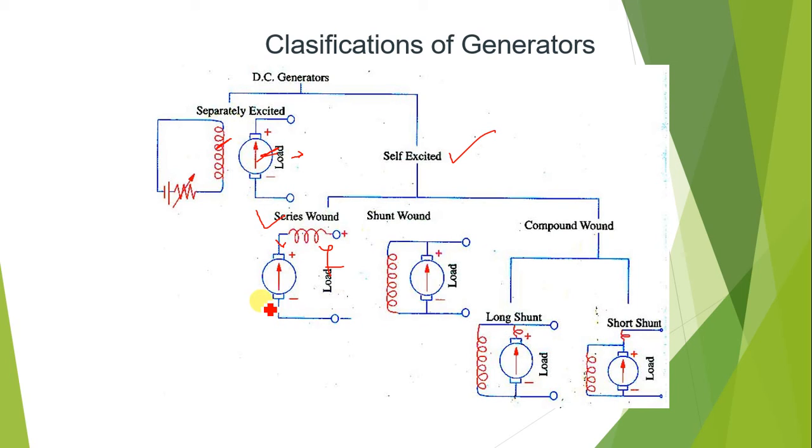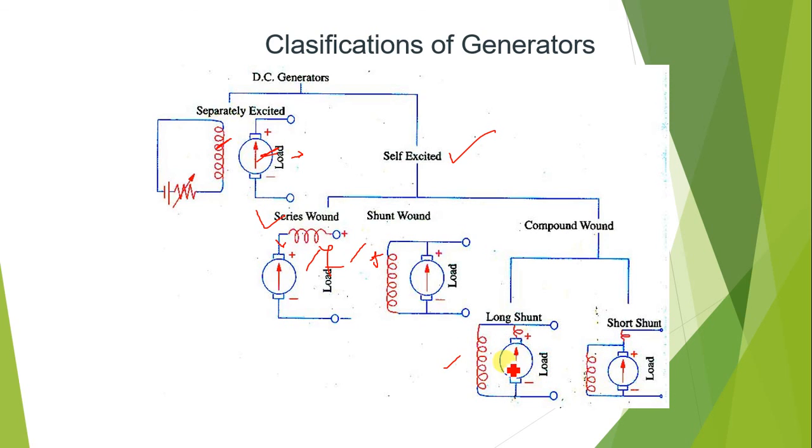If it is connected in parallel, or in shunt, this is called parallel wound. If this field coil is connected with the armature coil in parallel form, that will become a shunt wound. We have a compound variant, which combines both series and shunt. It has its own advantages and disadvantages that we will discuss in the later part.